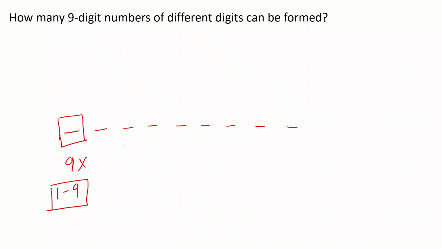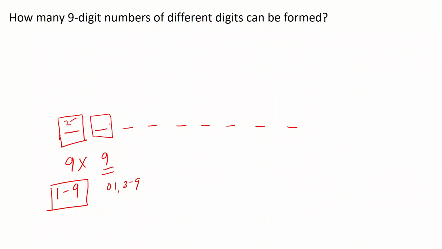When this is done, say you have put 2, then how many numbers can you fill in the second place? You can again have 9 possibilities, right? So excepting 2, you can have 0, 1, and then from 3 to 9. So in all, again there are 9 possibilities for you to choose.